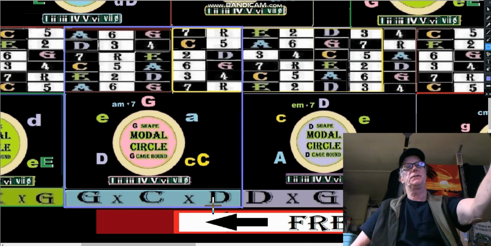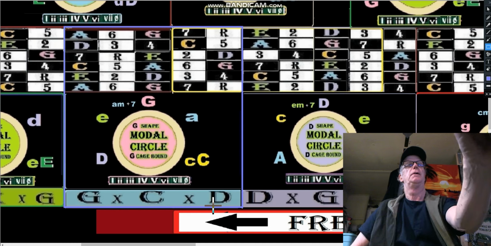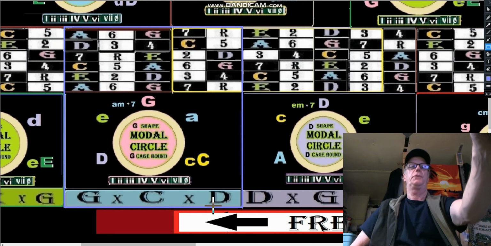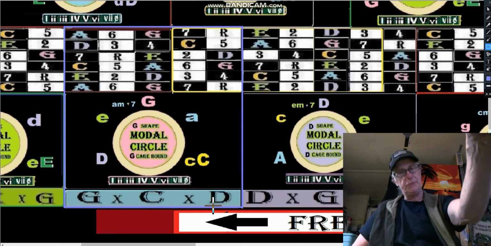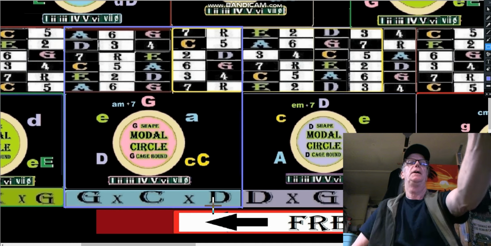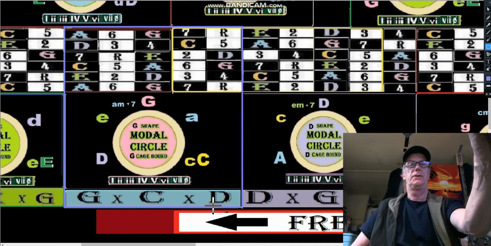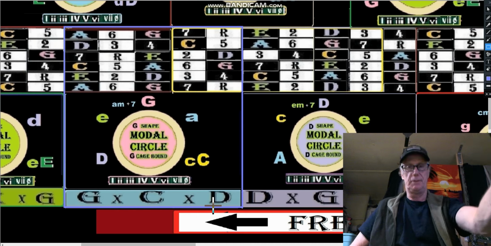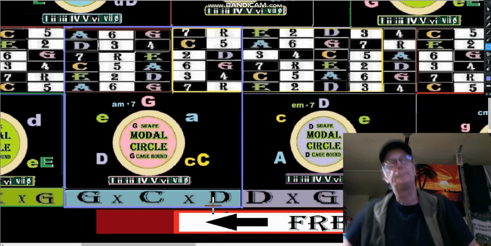But if we're in the key of C, and we go to the 5th, we can play its 4th, and with the 4th, we can play its 7th. So positive, there's what we can play. What we can't play is this, or we can't play this if we're in the key of this, unless you want that to sound really cool.